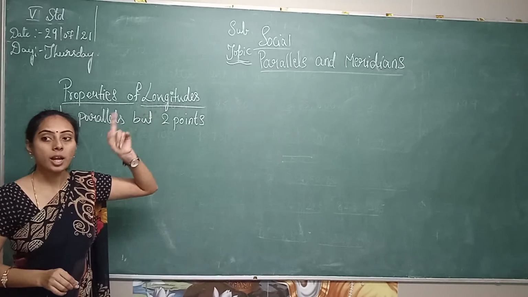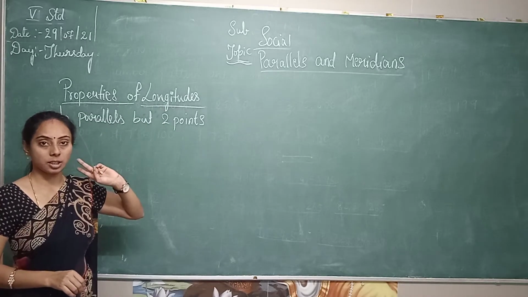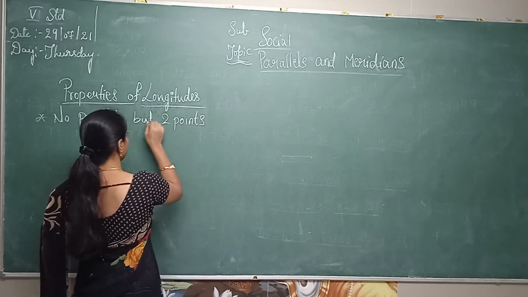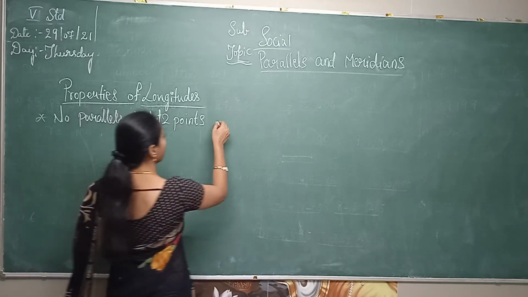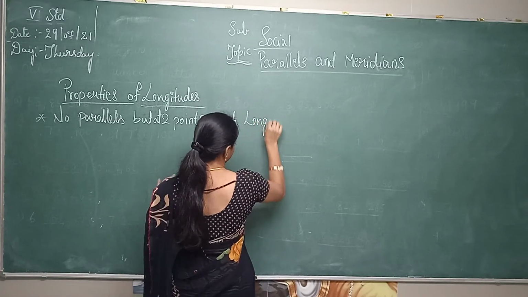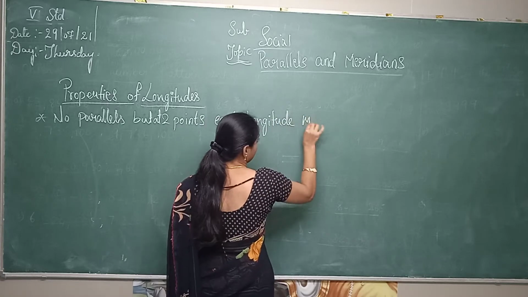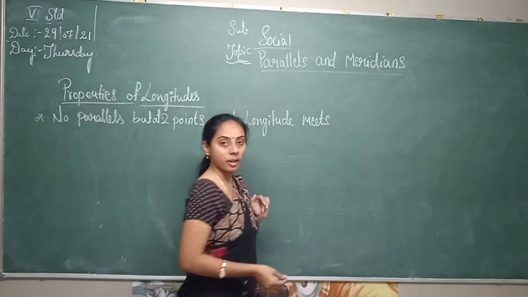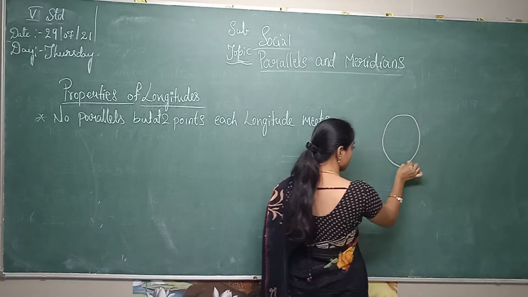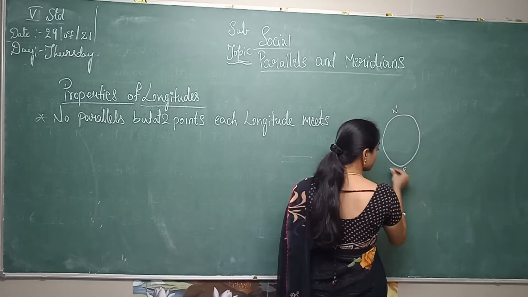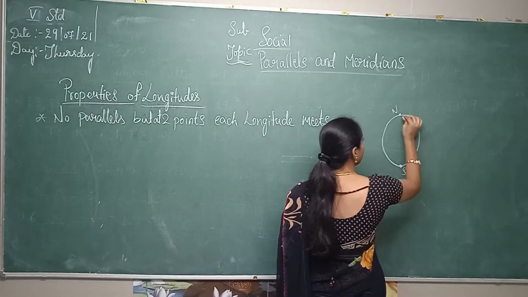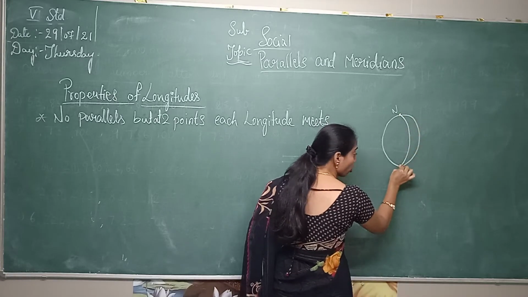North Pole and South Pole are the two points. A longitude begins from the north and ends at the south.